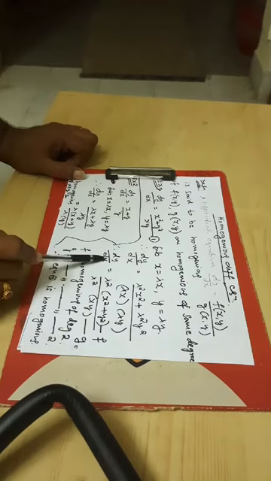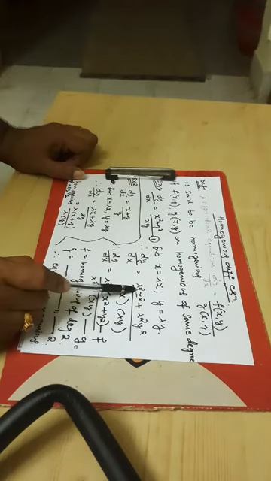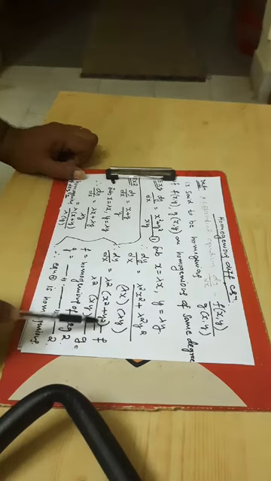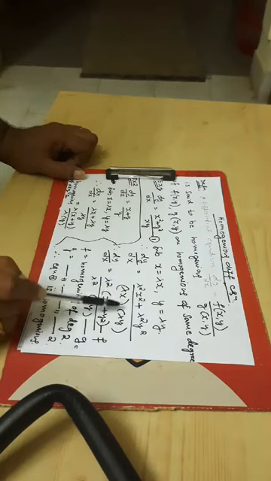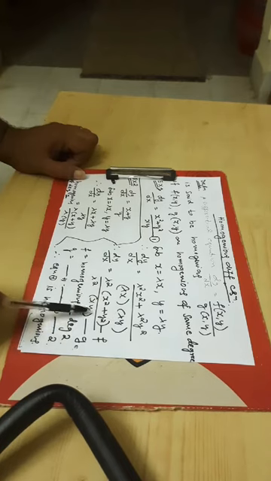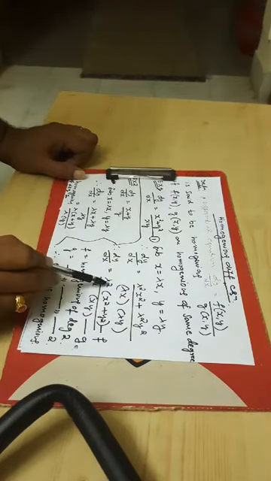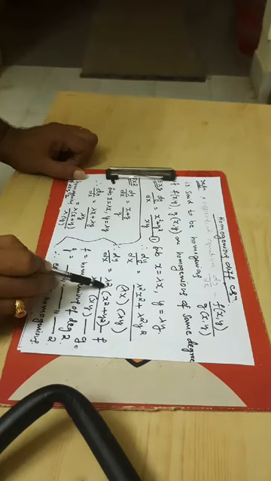So dy by dx is equal to lambda squared into x squared plus y squared, taking lambda squared as common factor, divided by lambda squared into x y. Now observe what has happened: lambda squared is coming as a common factor in both numerator and denominator.